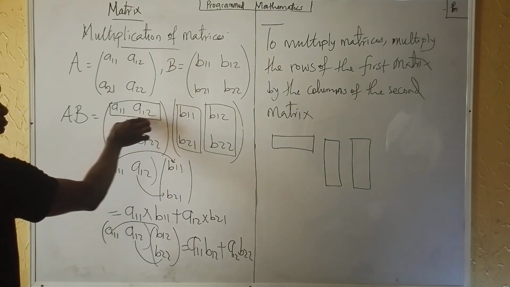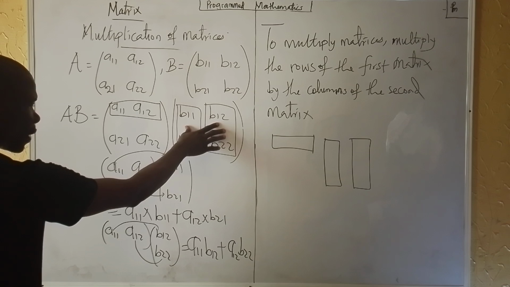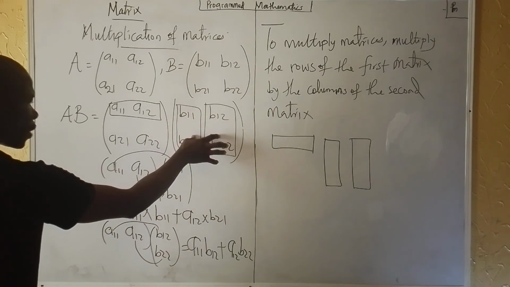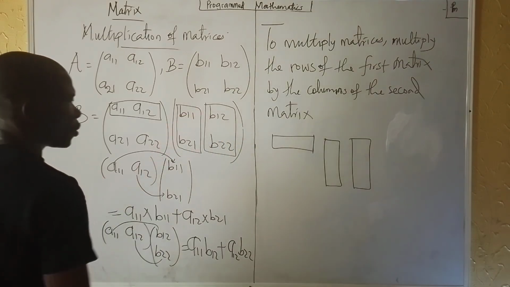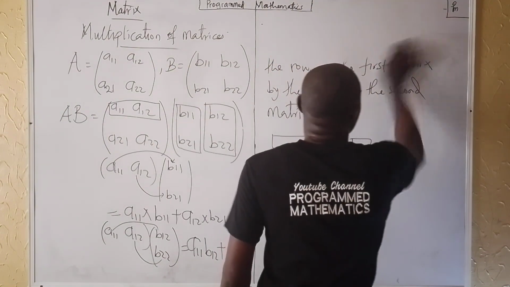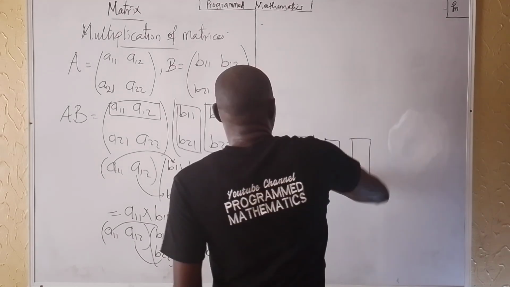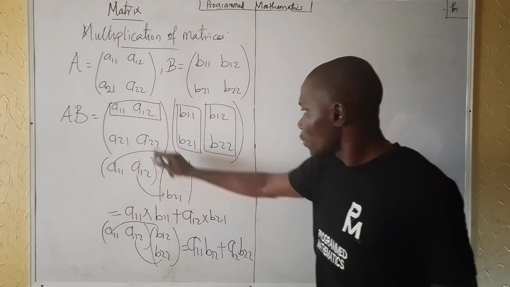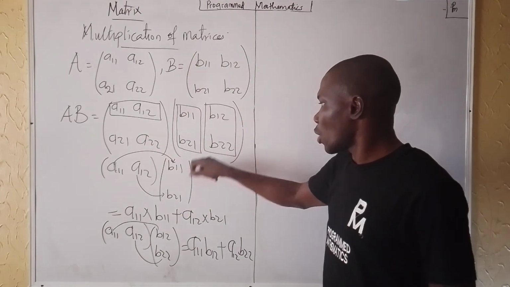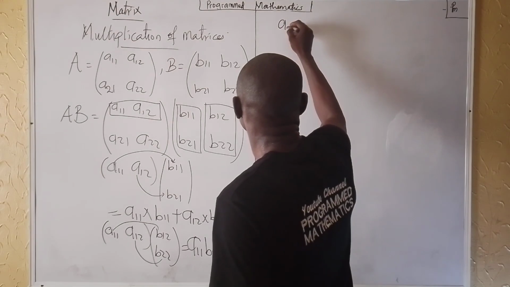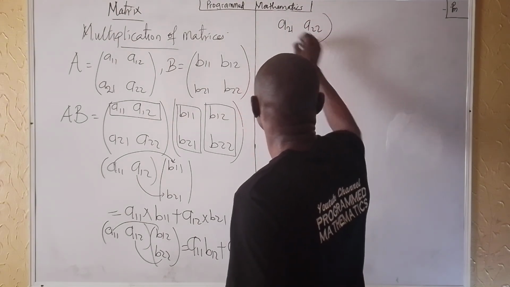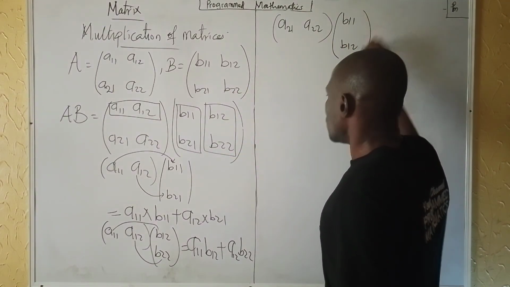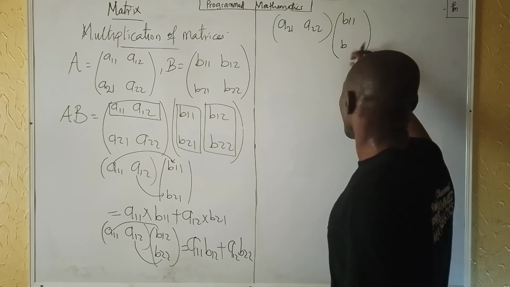Now that the first row has completed multiplying the columns of the second matrix, we move to the second row. The second row also will repeat the same process, multiplying column 1 and column 2. So for the second row, first column, we have A21, A22 multiplied by B11, B21, that's the first column.